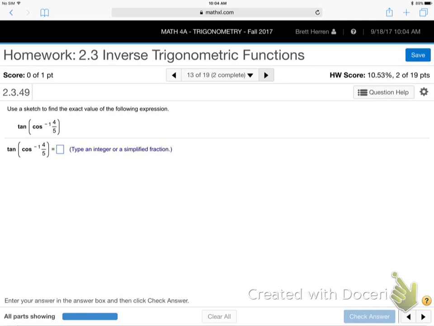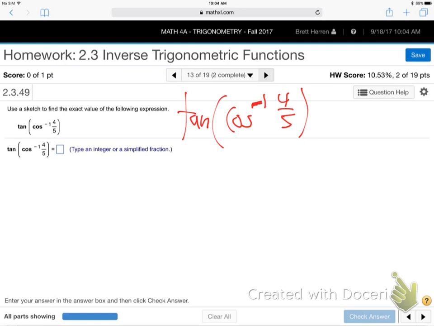Why am I saying they're changing the game here? Why is this question fundamentally different than the last few questions we've answered? There's different trig functions. It's not just sine of sine inverse, cosine inverse, tangent inverse.